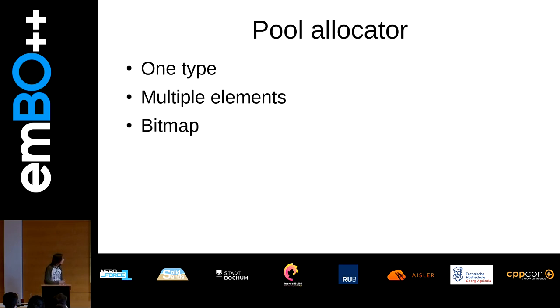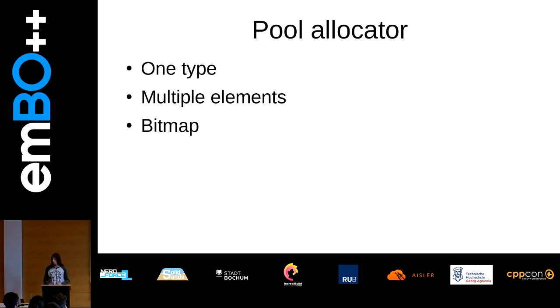In this implementation, I use a bitmap allocator, which is basically a pool which has a single byte in front of the pool to indicate for each element whether it is free or not. So a single bit in a bitmap allocator indicates for a single element whether that element is free or not.